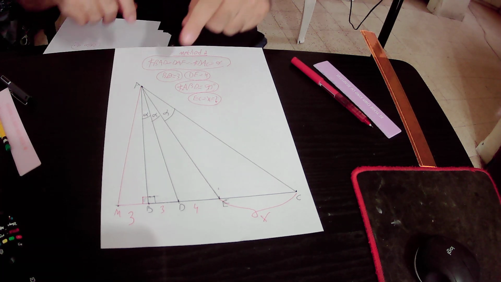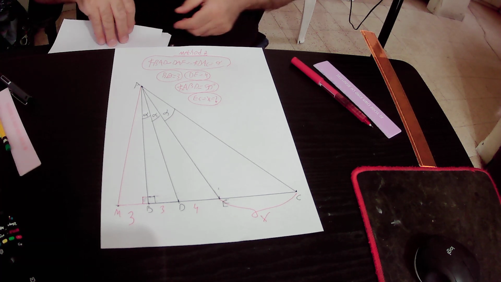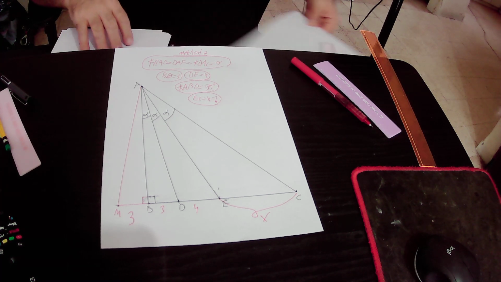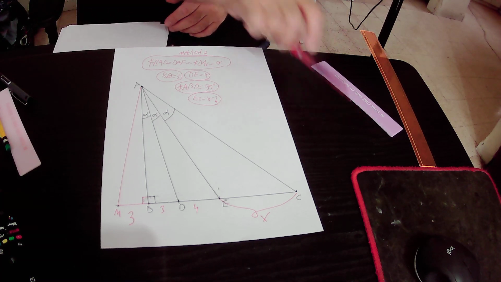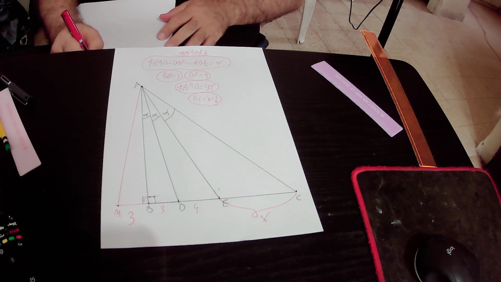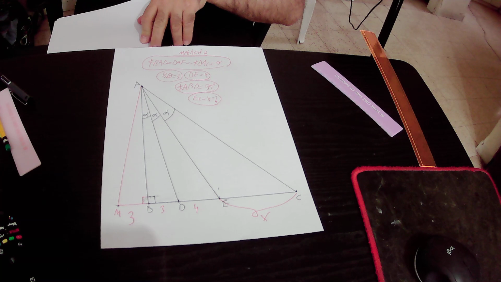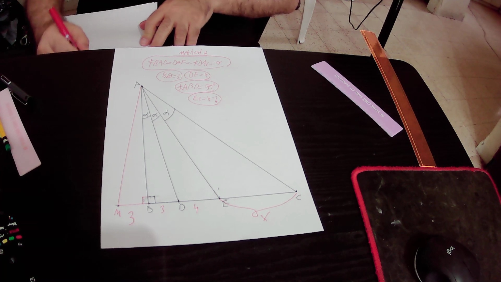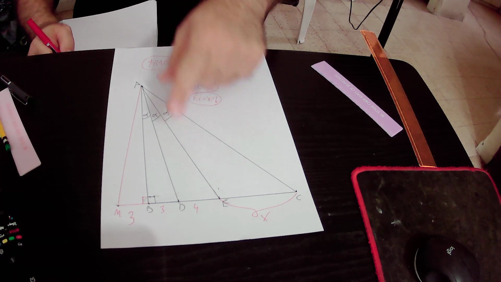So we will focus on those two triangles, on triangle ABM, the right triangle, and the right triangle, triangle ABD.